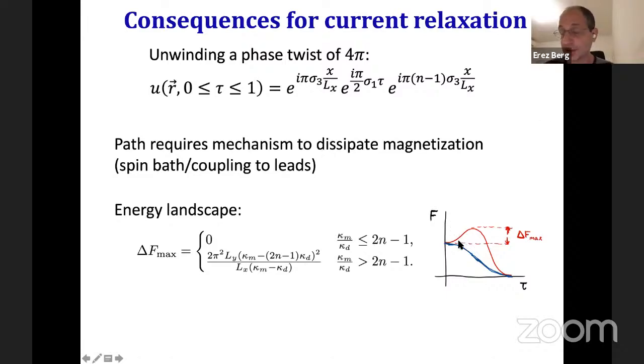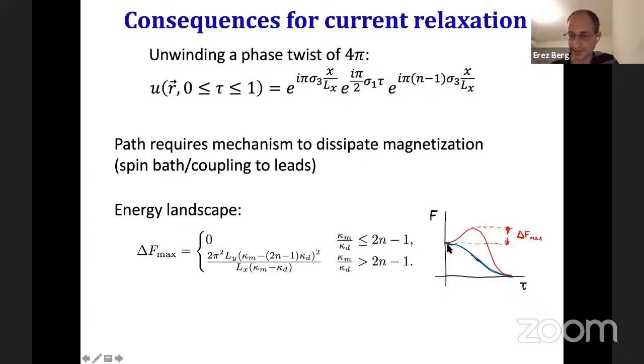And we can ask, is there a free energy barrier in order to relax the supercurrent? So we imagine a finite system of length Lx and width Ly, and we have n phase windings across the system carrying some supercurrent, and we try to deform the order parameter configuration along this path and ask what's the free energy cost.